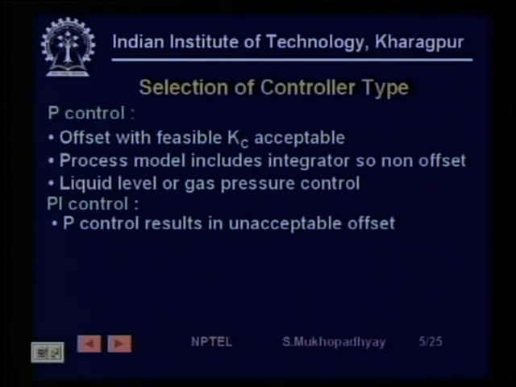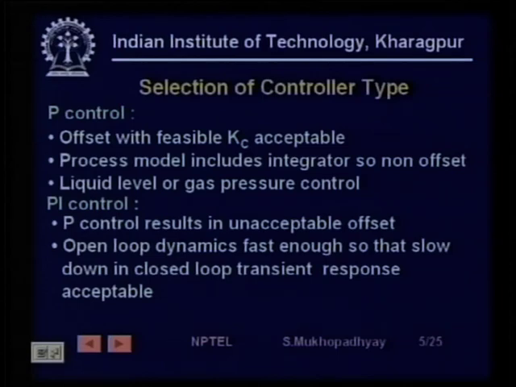So, PI control is to be considered when P control results in an unacceptable offset. You do not want any offset, and therefore you would like to use PI control, because you know that then you can exactly ensure 0 steady state error.